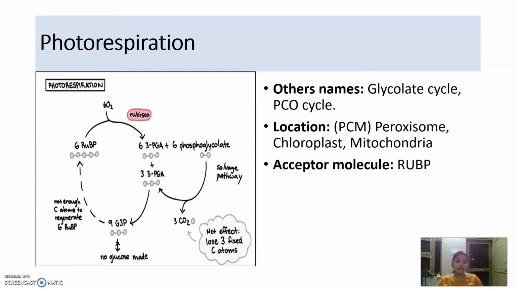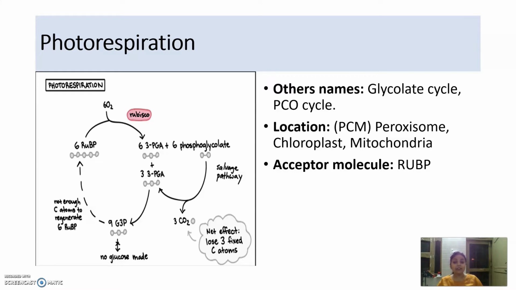If you remember, in the Calvin cycle, we studied the enzyme Rubisco, which was catalyzing carbon fixation, the first step of which forms two PGA molecules.